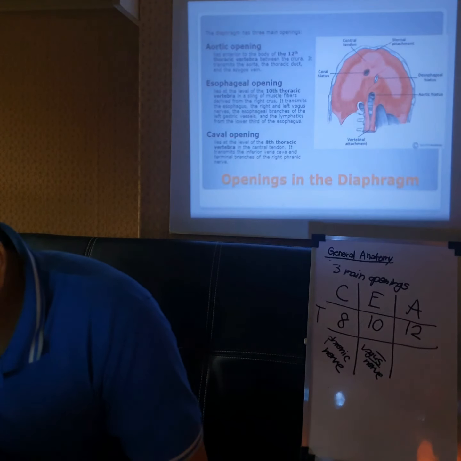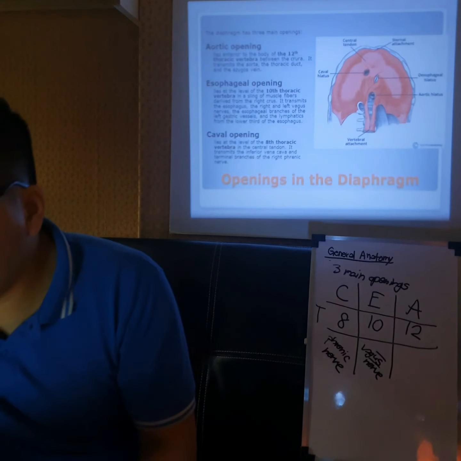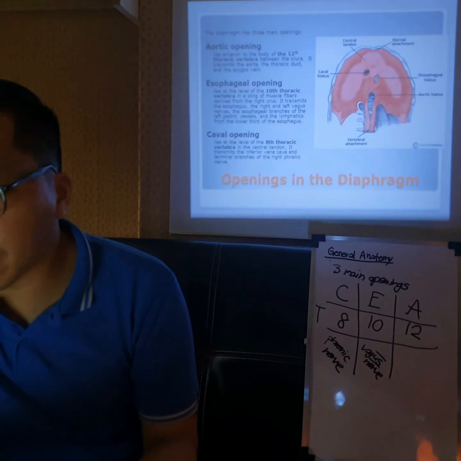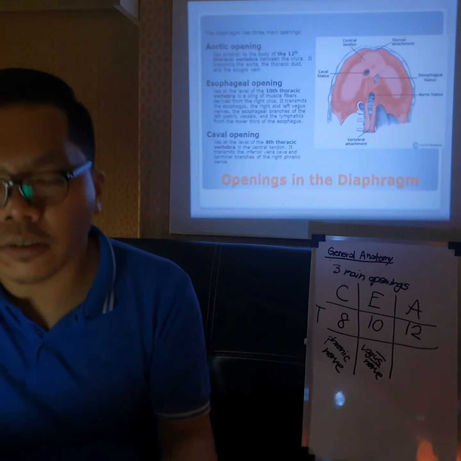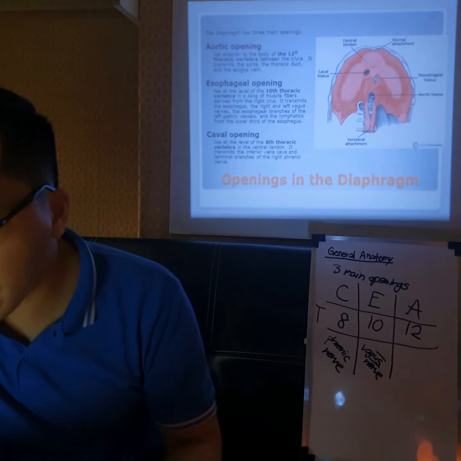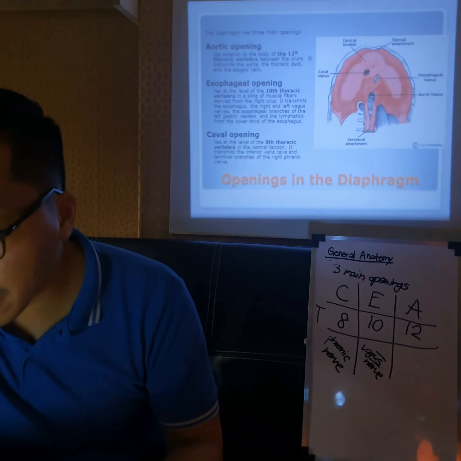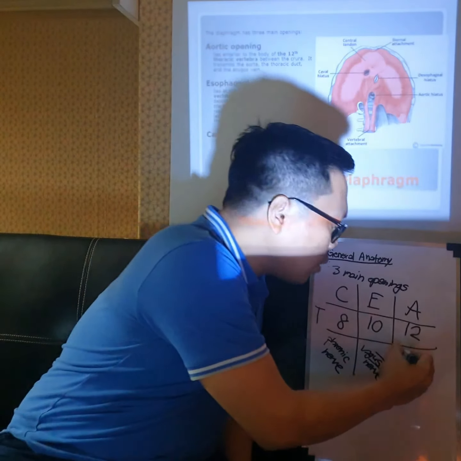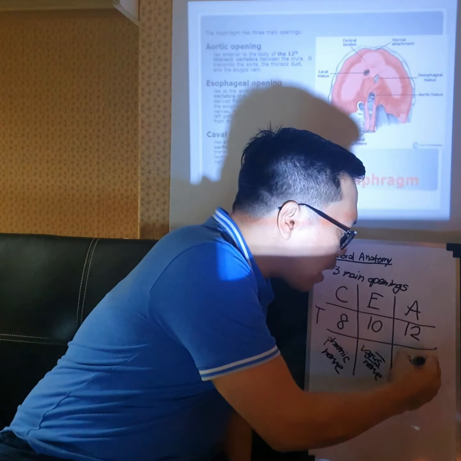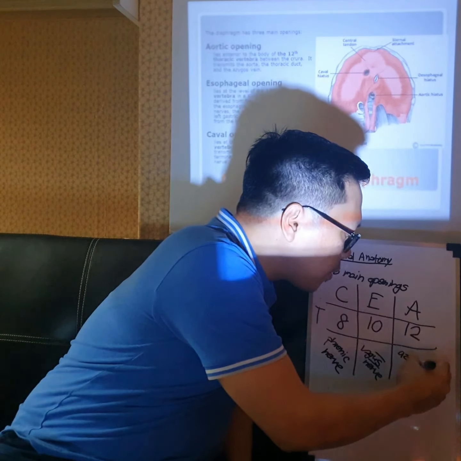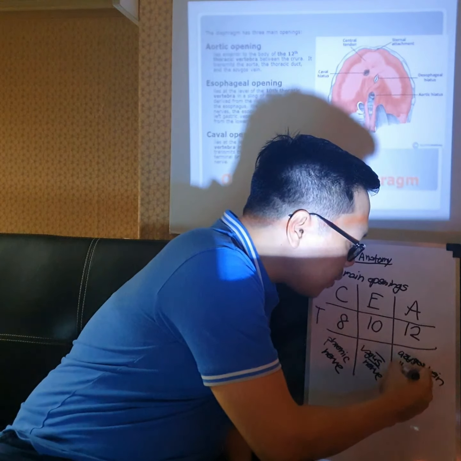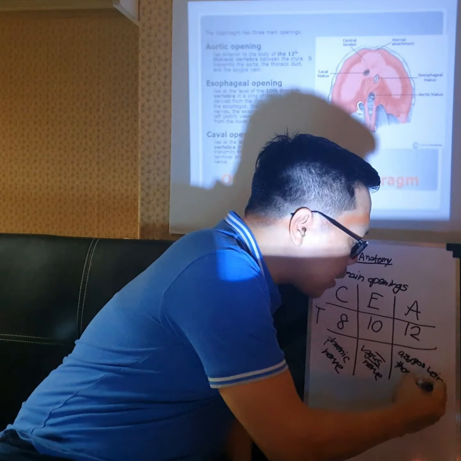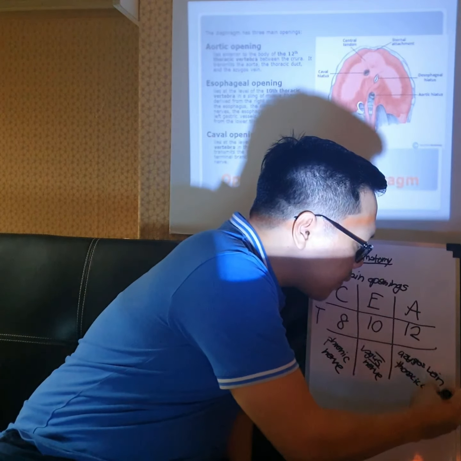And lastly, we have the aortic opening. So besides the aorta, what other structure or structures pass through sa aortic opening? Ito naman, we have the azygos vein, and also the thoracic duct.